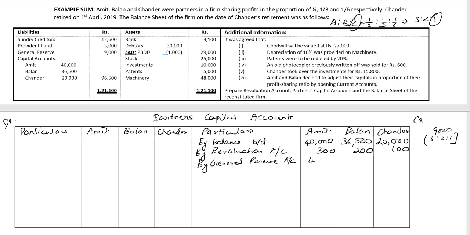So we get 4,500 rupees for Amit, 3,000 rupees for Balan and 1,500 rupees for Chandar. There is no accumulated profits, no accumulated losses and no fictitious assets. We'll deal with goodwill. Existing goodwill is also not there. We'll deal with point 1. Goodwill will be valued at rupees 27,000.